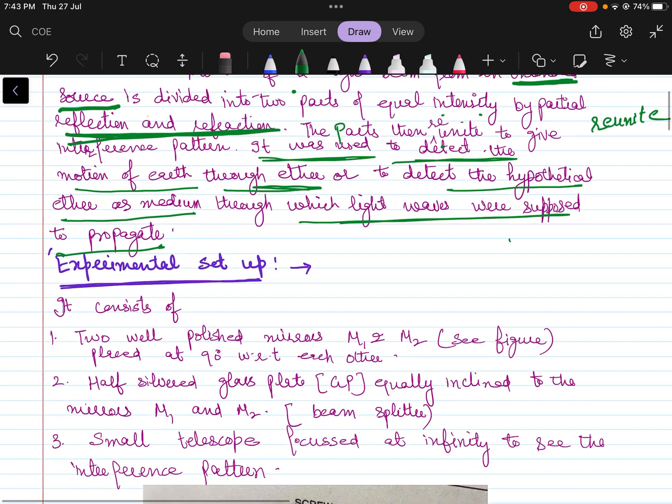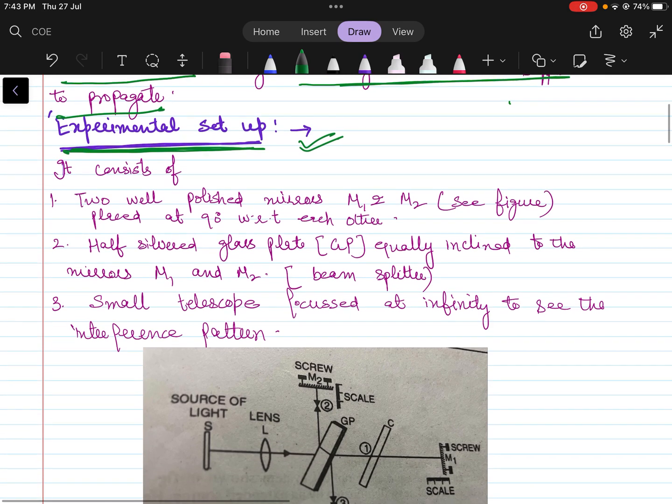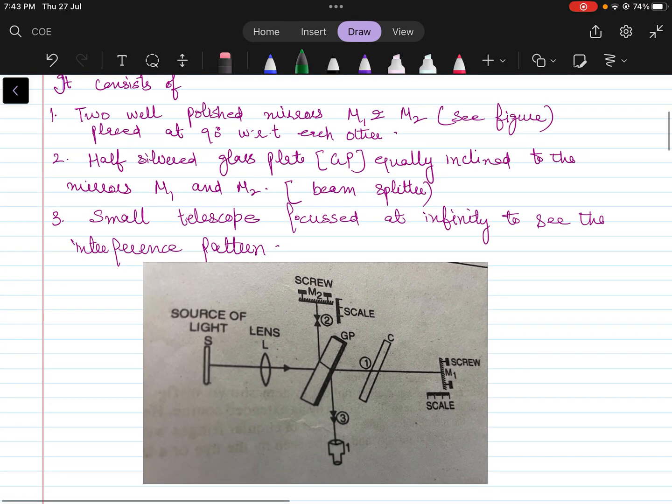Then the second part is, what is its experimental setup? How can we experimentally set it up? This is a diagram showing the experimental setup. It consists of two well polished mirrors, M1 and M2.